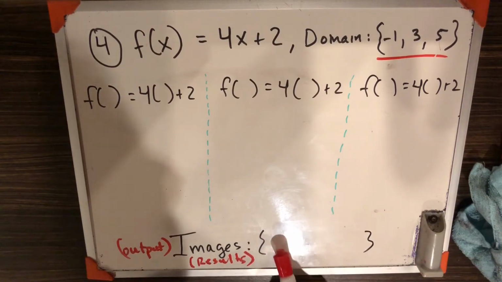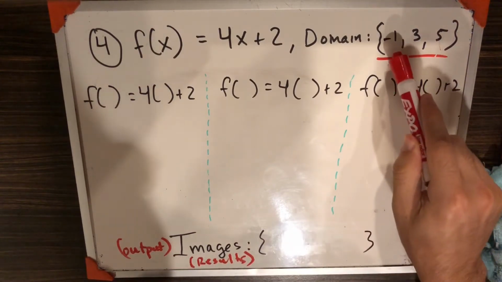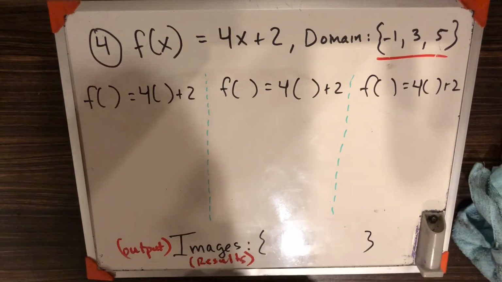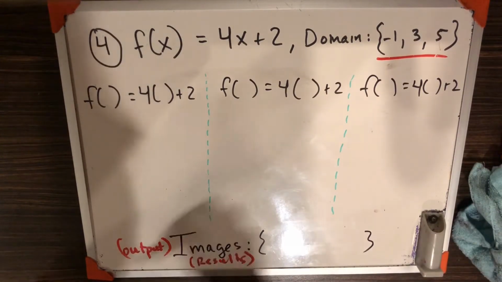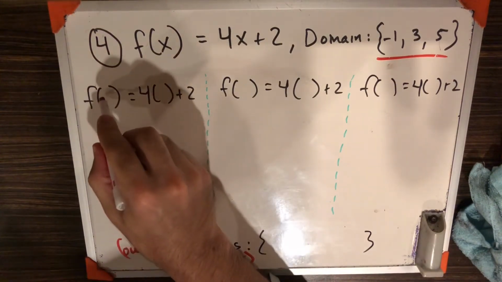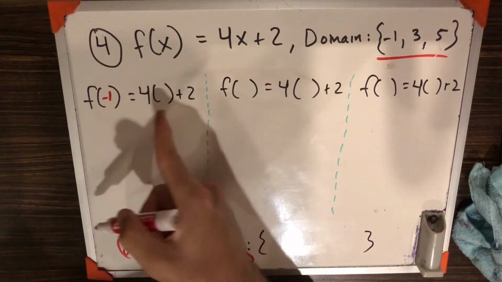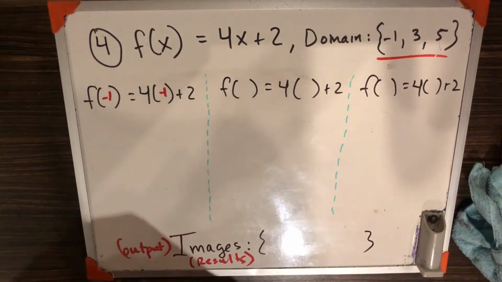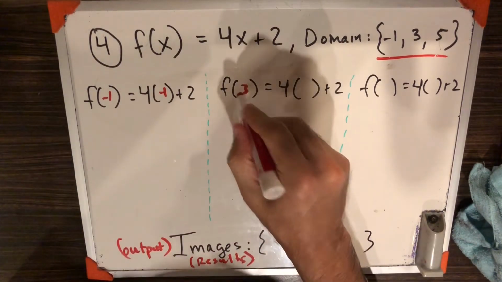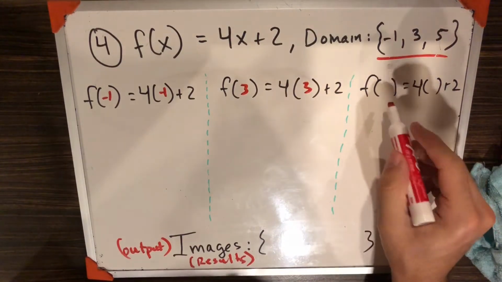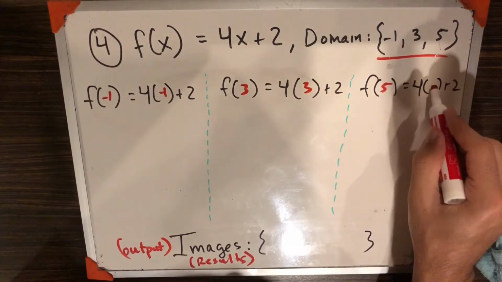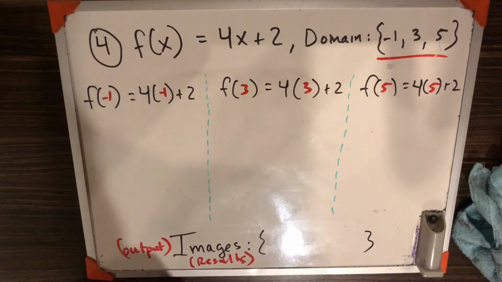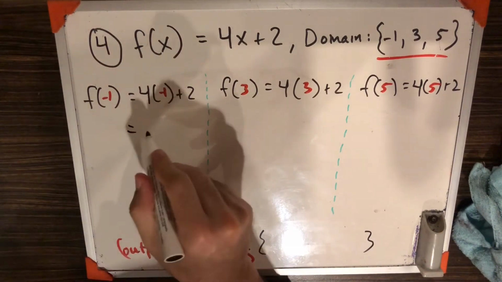So we need to have 3 images based upon our 3 inputs. Let's do this one by one. When I plug in -1, my input, I'm also plugging in 3. I'm also plugging in 5. So we should have 3 outputs based upon our 3 inputs.